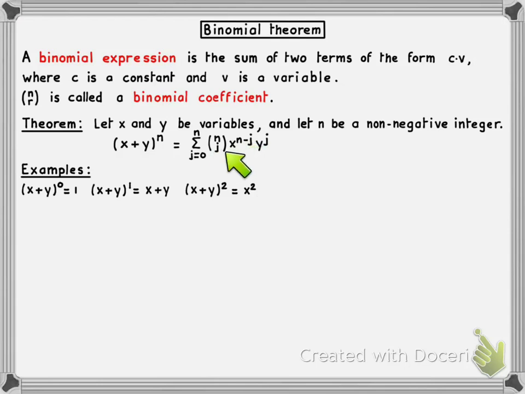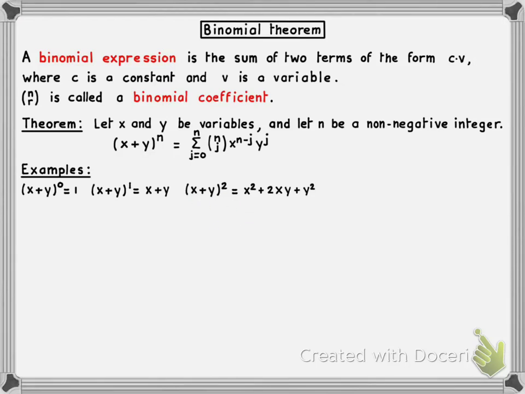So we have a 2, an x, and then y^1, which is y. So we get 2xy, as expected. And finally, for j equal to 2, 2 choose 2 is 1, x^(2 minus 2) is 1, and y^j is y squared. So we are left with y squared. And again, of course, the binomial theorem gives us the correct expansion for (x + y)^2.